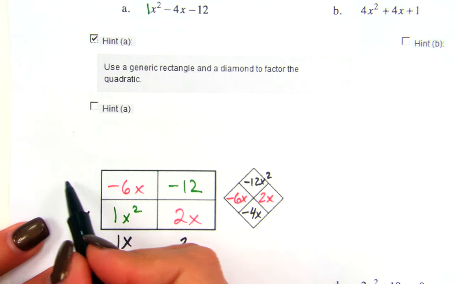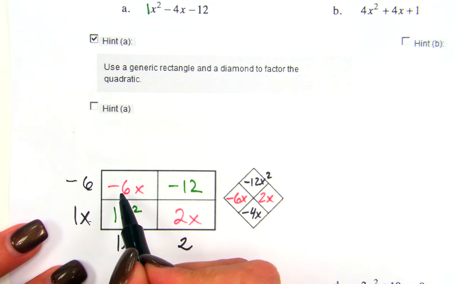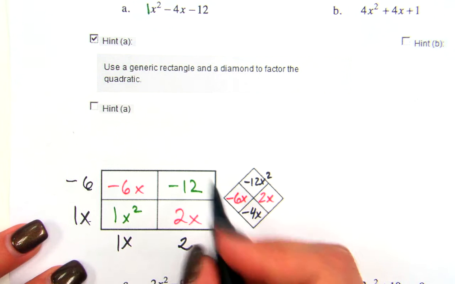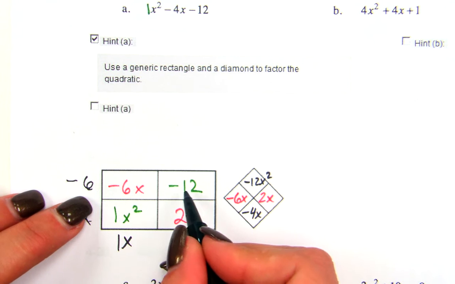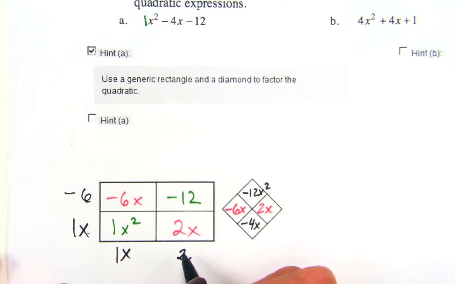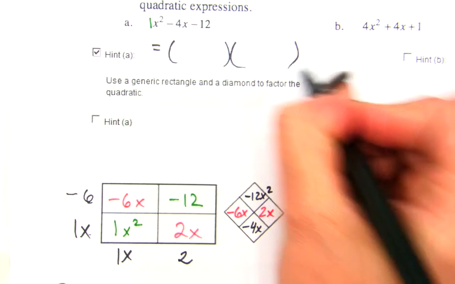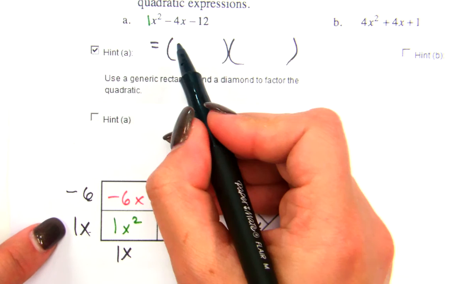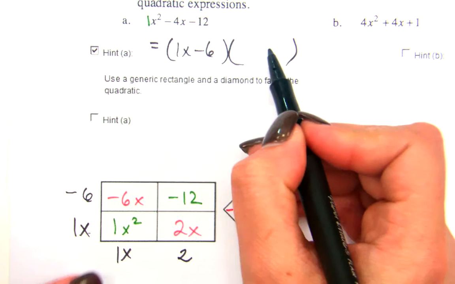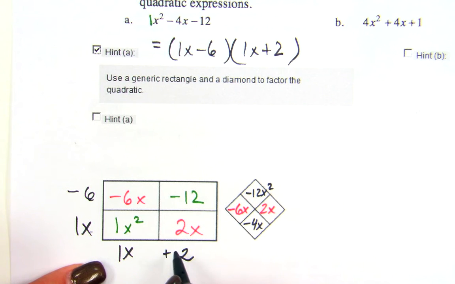And then -6 here, because 1 times -6 is going to give you that -6, and then -6 times 2, we have to verify that the last one works. It's a -12. Okay, so as a final answer, your product is 1x minus 6 and 1x plus 2, right, because it's a +2.